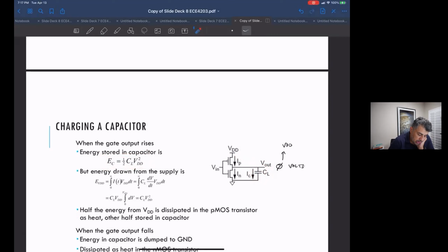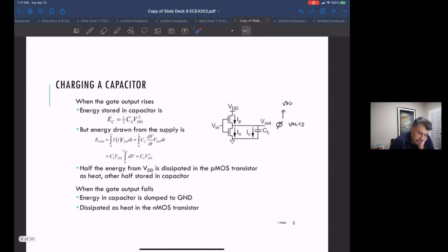Now, the interesting thing is, as this capacitor is getting charged up, if we look at the power we took from VDD, we'll notice it's actually bigger than this. If we calculate it based on this current times VDD, the amount of current required to charge this capacitor, we end up with twice that energy.